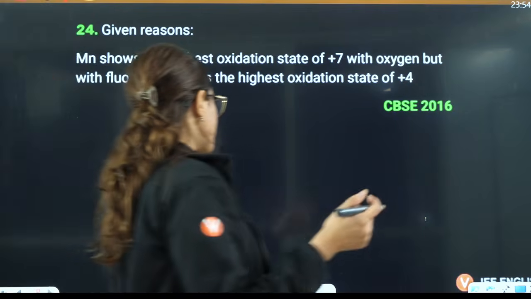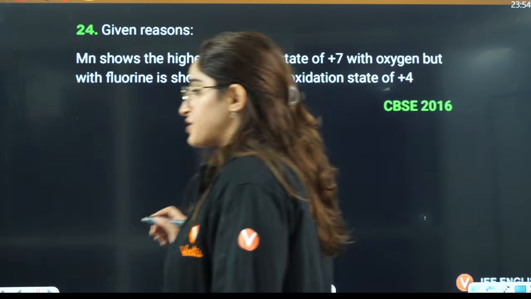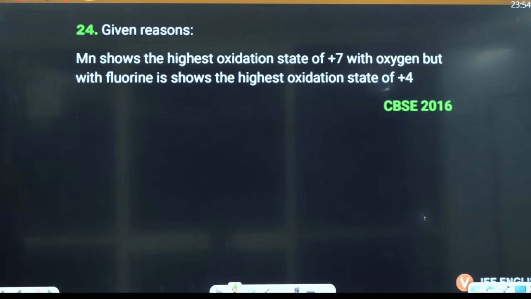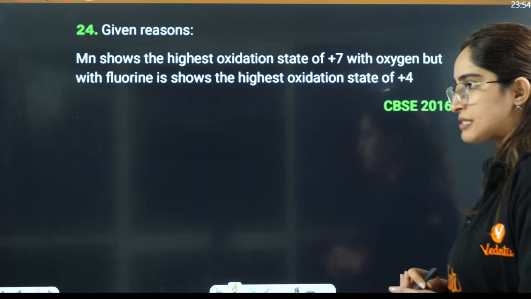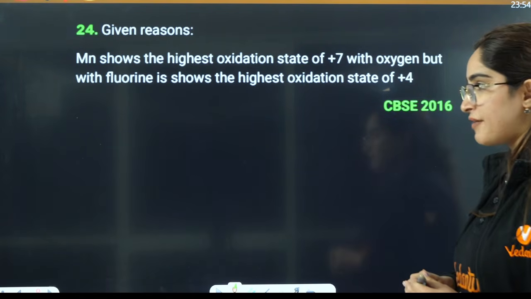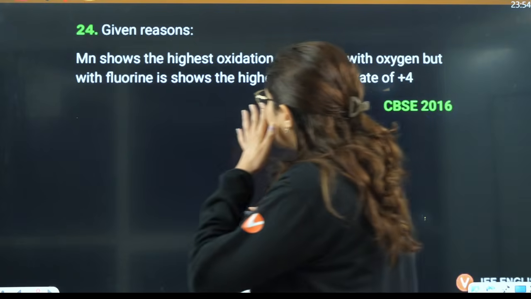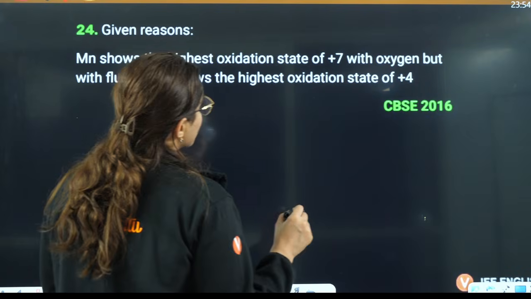Then the next question, a 2016 question, guys, let's talk about that. Mn shows its highest oxidation state, +7, with oxygen, but with fluorine it shows a lower one.